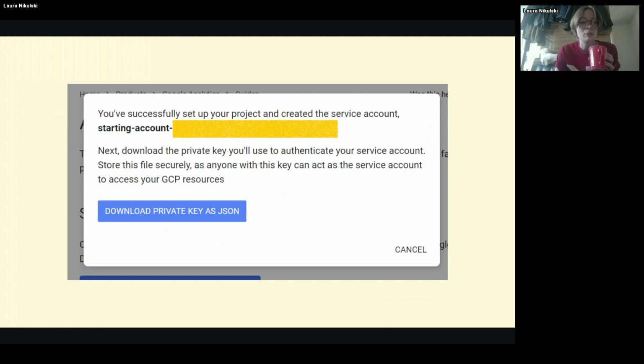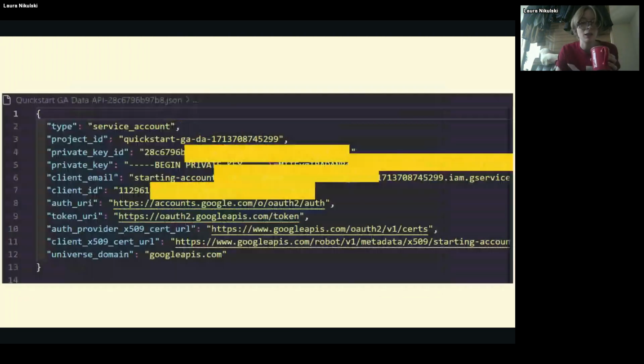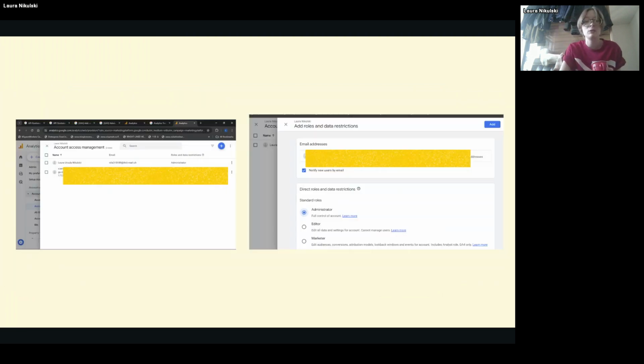And okay, you've set it up, you download it with a private key, it's JSON. Then you do that, and you've got all your little client secrets that you need. Here, for example, the client email, that's quite pertinent because you're going to use that email to add it as a user on the Google Analytics platform online on the website, which you do like so.